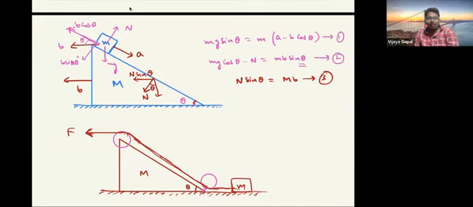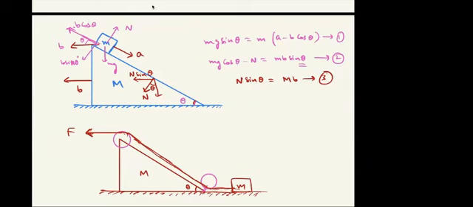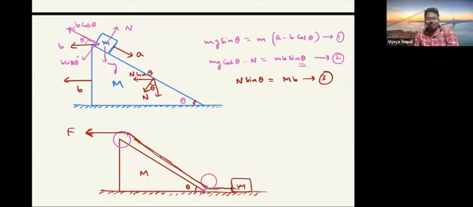Acceleration of small block: F by M. Correct. Good. Simple, no? Only one force is there, and that force is only in the horizontal direction. So, tension along a string will remain the same completely. So, F by M will be the answer.